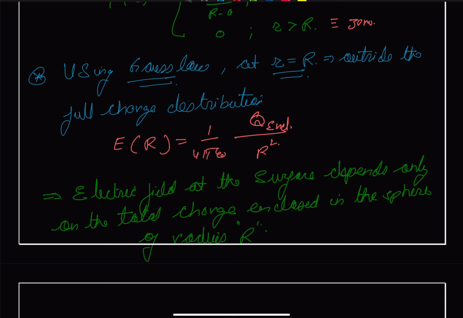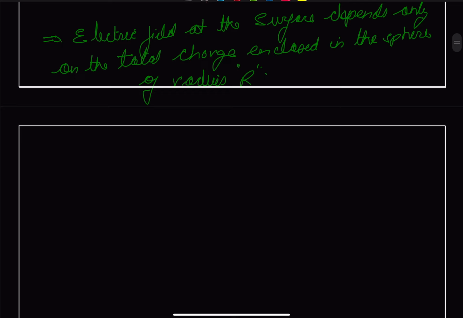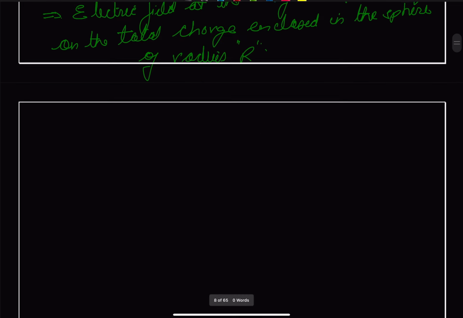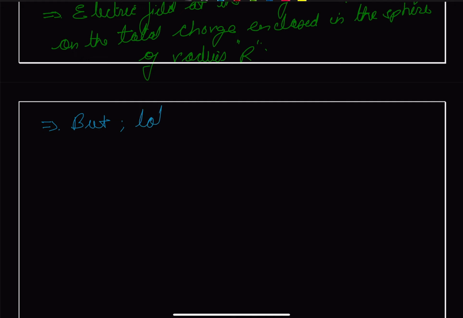But in this case we have to remember that the total charge enclosed is always Ze. For this particular case we have to remember that the total charge enclosed is always Z multiplied by e, because this is given in the question.